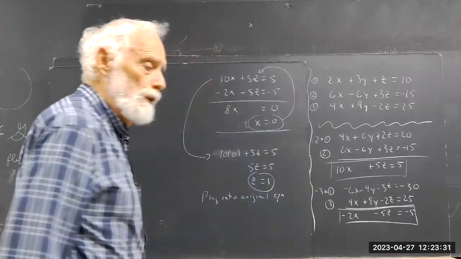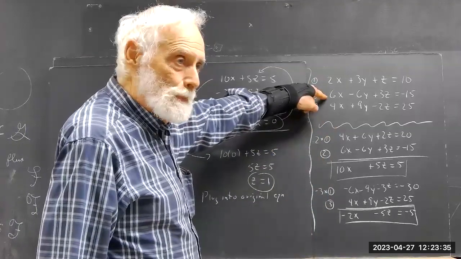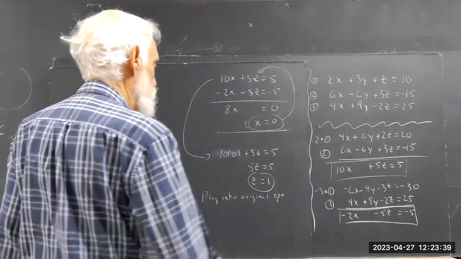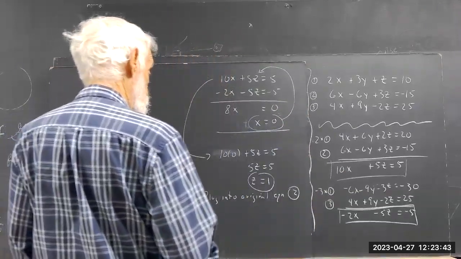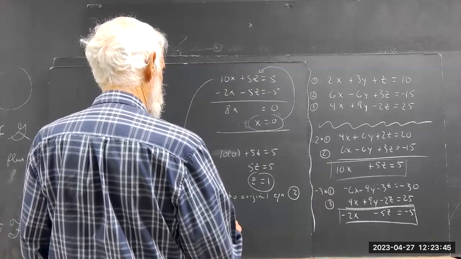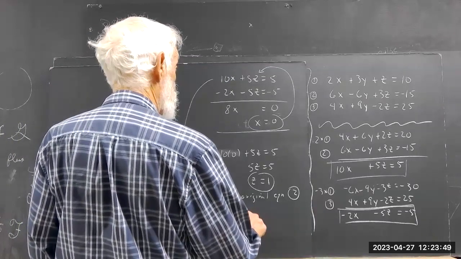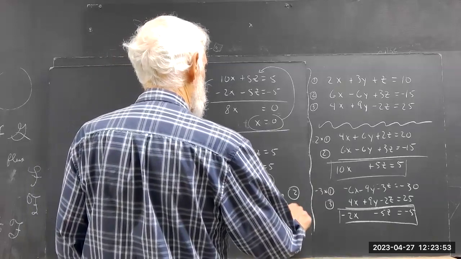Which equation do you want? 1, 2, or 3? Hold up fingers, whatever. 2. Okay, I'm going to plug x and z into the second equation. I call that equation 2. So that gives me 6 times 0 minus 6y plus 3 times 1 equals negative 15.